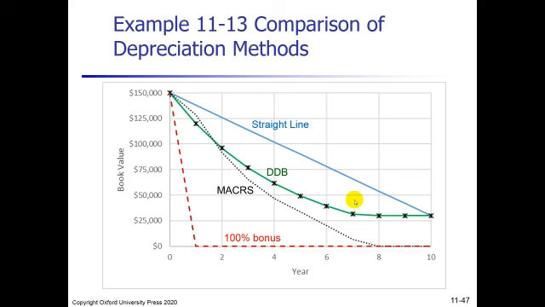The MACRS is actually better than double declining balance and straight line depreciation, except up here in year 1 where you have that half-year convention. So you don't get to take quite as much, but the MACRS will actually take the book value down to just about 0 in as efficient a manner as possible, except for when you have this 100% bonus depreciation.